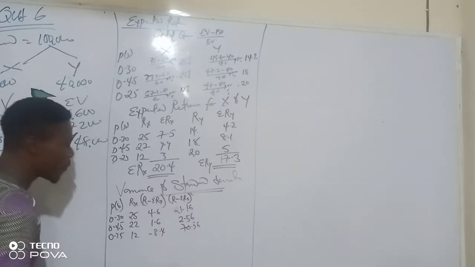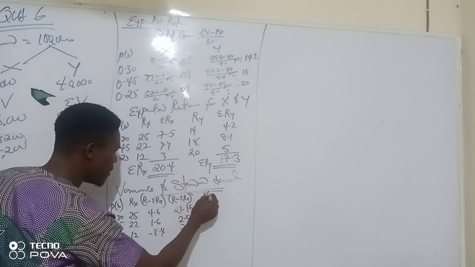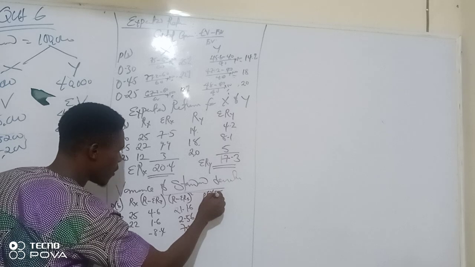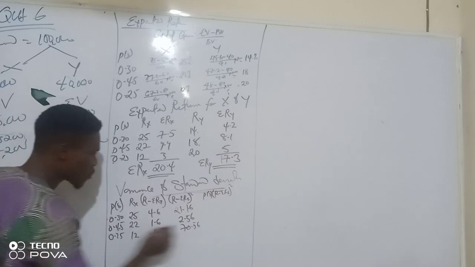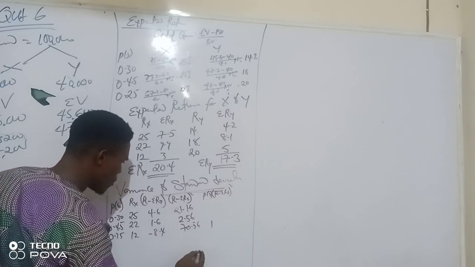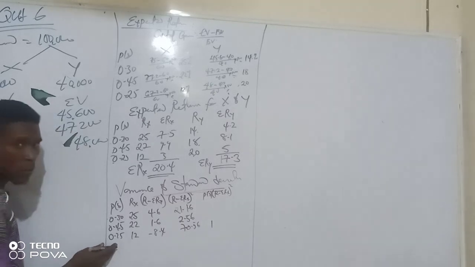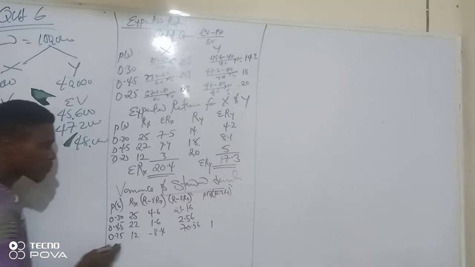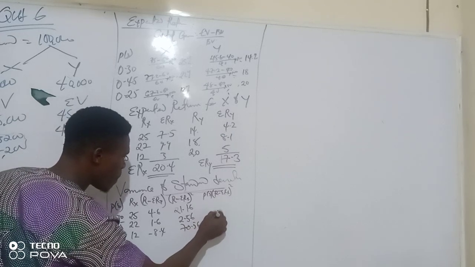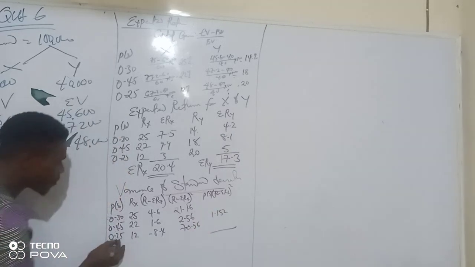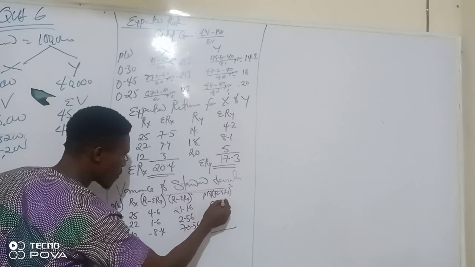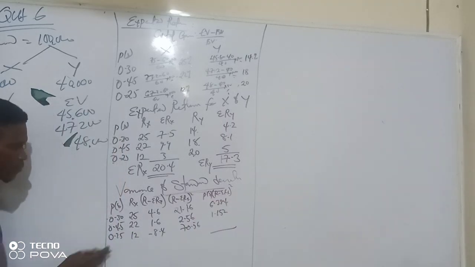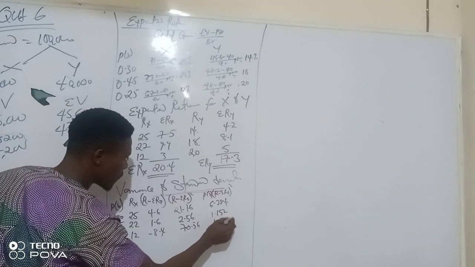So what will happen is probability times return minus the expected return of x, squared. We multiply the probability: the middle is 1.152, the first one is 6.384, and the last one is 17.64.